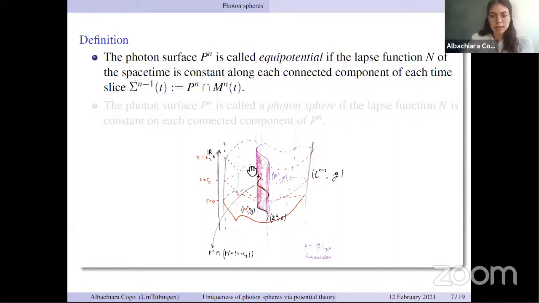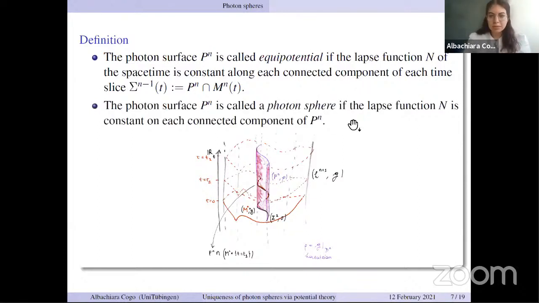Okay, so this sigma here is such that the lapse function is constant on each connected component of it. And if the lapse function is constant regardless of the time we are fixing, so actually on the whole photon surface, or better in every connected component of it, then we have a photon sphere.